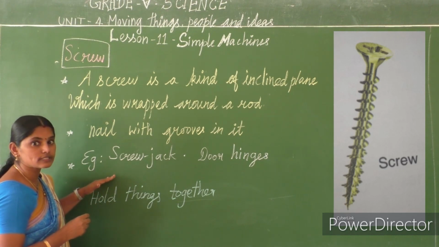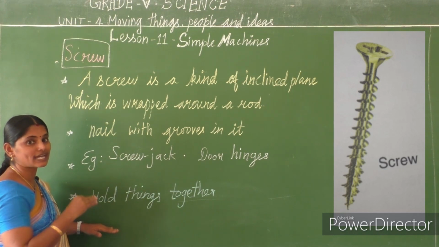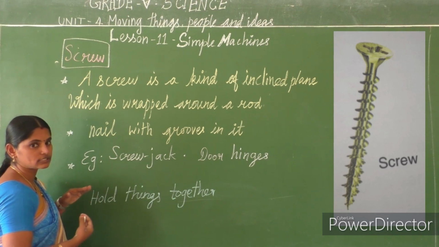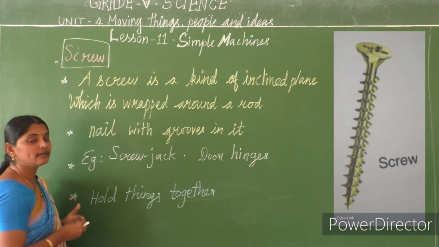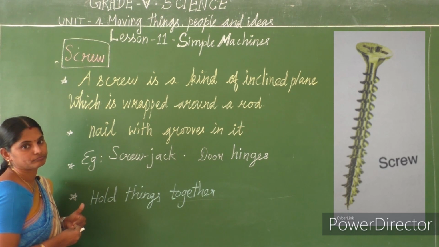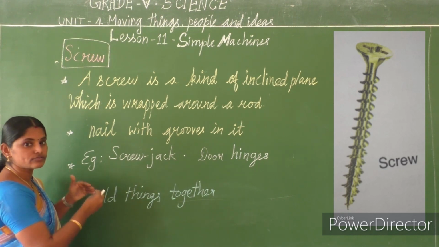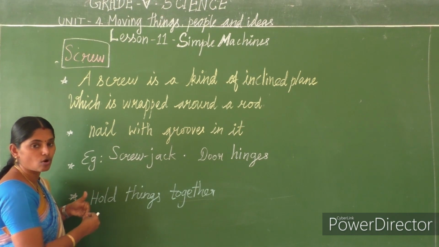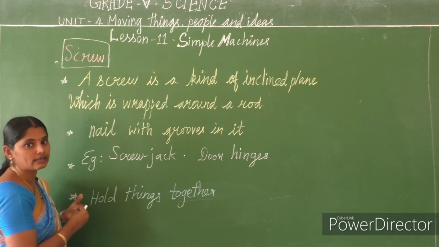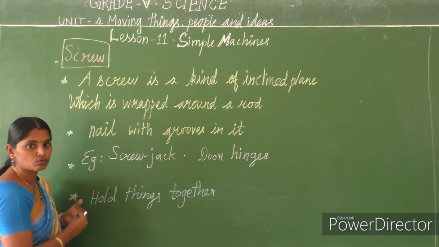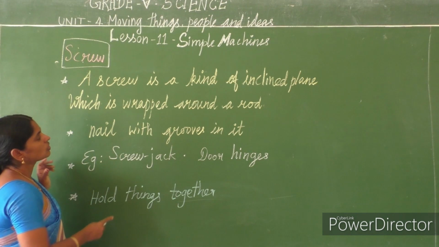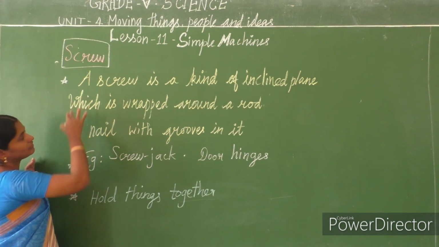But the screw is better than that because it has an inclined plane, sharp grooves around it. It holds things more tightly than the ordinary nail, with longer strength. Clear? A screw holds things tightly than the ordinary nail. Clear? So the screw will finish.